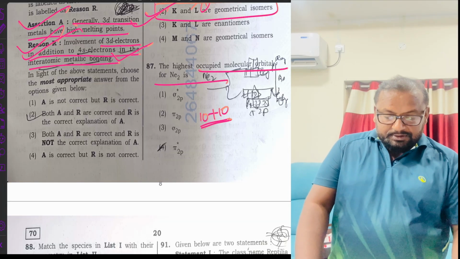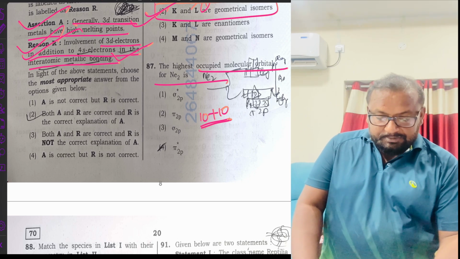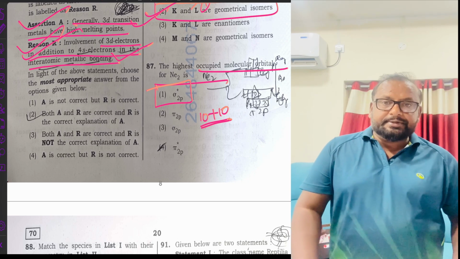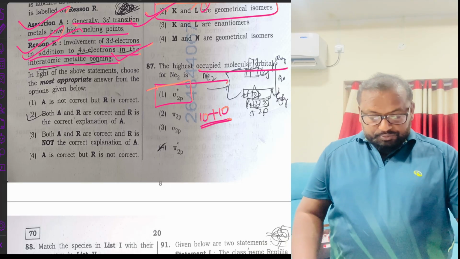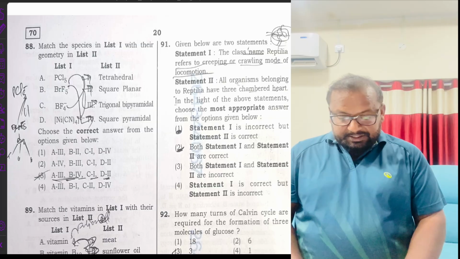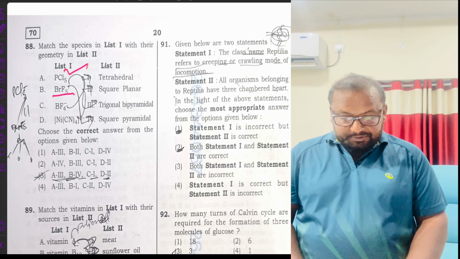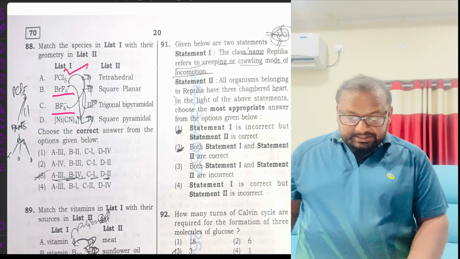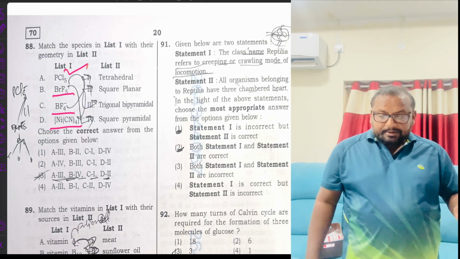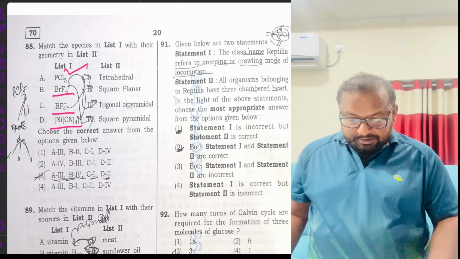So of course it should be sigma star 2p. Next, 88, a direct question. PCl5 trigonal bipyramidal, BrF5 square pyramidal, BrF4 tetrahedral, Ni(CN)4 has to be square planar.